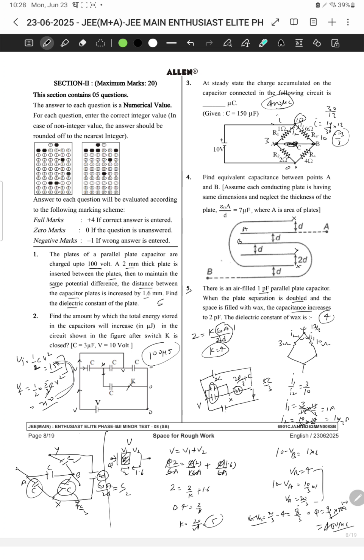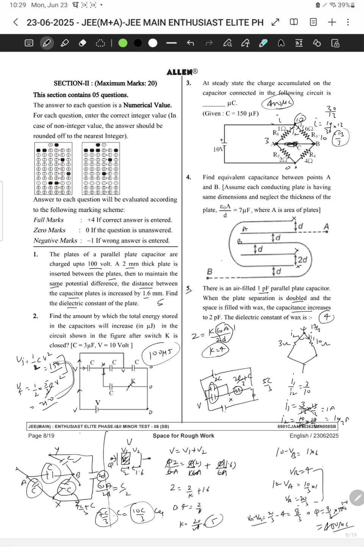Now 4C by 3 is in series with this one, plus C, which is 7C by 3, and last there is a parallel with this one, so 7C by 3 and C. 7C by 3 is in parallel with this one, so 7C by 3 plus C, which is 10C by 3, C equivalent.